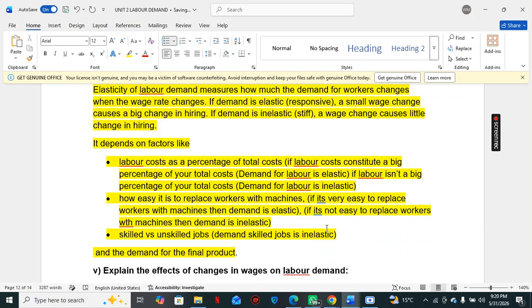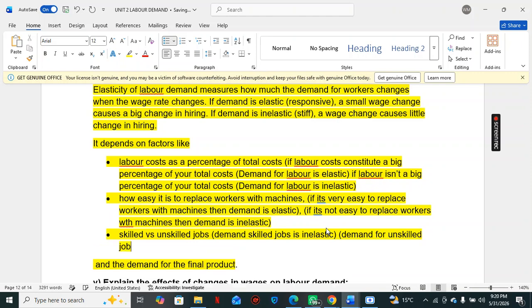Now, demand for unskilled jobs is what? Elastic, because for unskilled jobs the labor force is very great. There are a lot of unskilled workers.